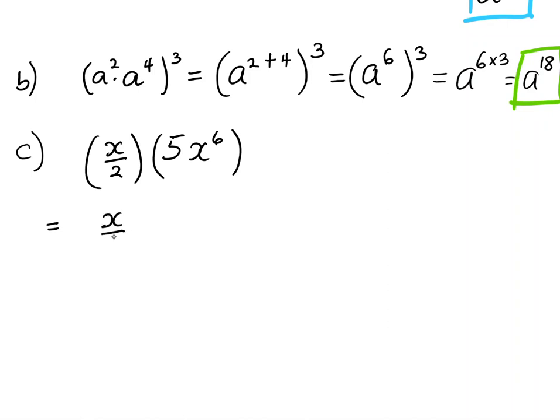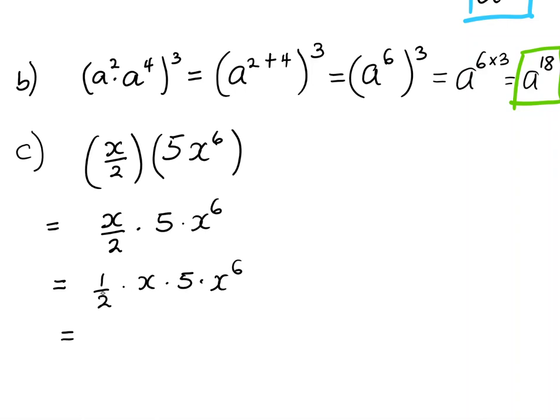This is like x over 2 times 5 times x raised to power 6. Again, we can see our x is somewhere, but then we have divided by 2 here. I can separate this to be 1/2 times x times 5 times x to power of 6. So now you can see the x's very well.